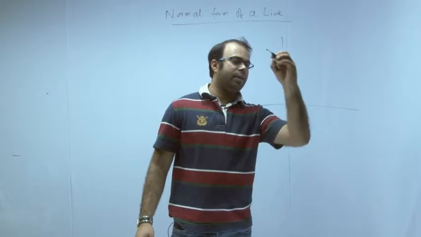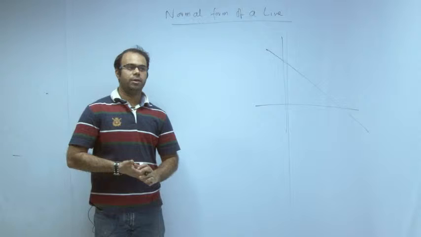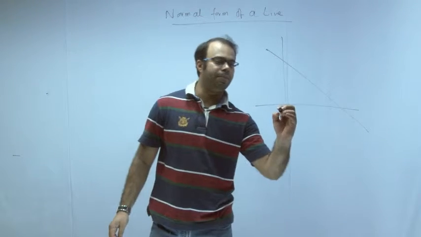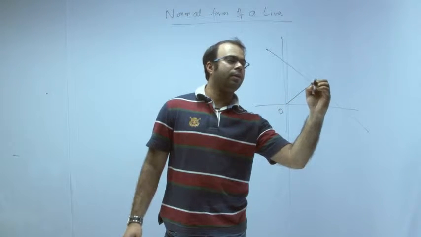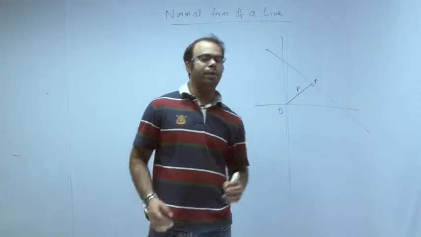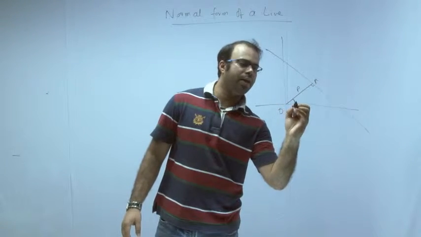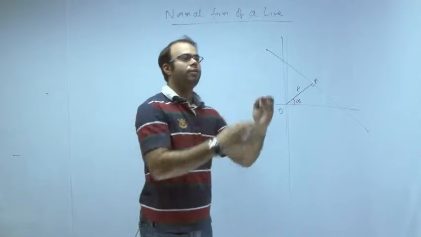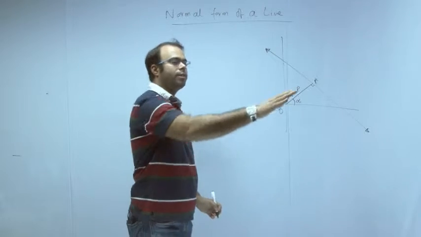That is, this line is any line and we have to find the equation of this line. But something has to be given, then only we can find the equation. So something else is given. The perpendicular from the origin on this line has length p. This is given, and this angle alpha is also given. Then we have to find the equation of this line, and the normal is given on that line.